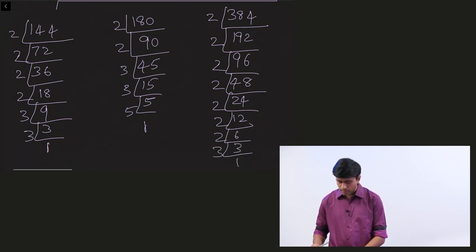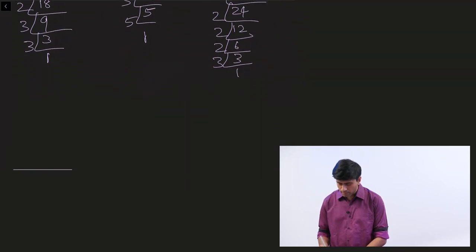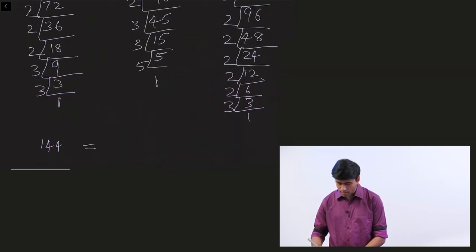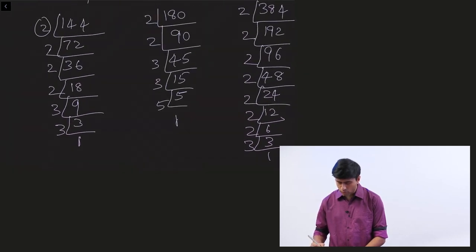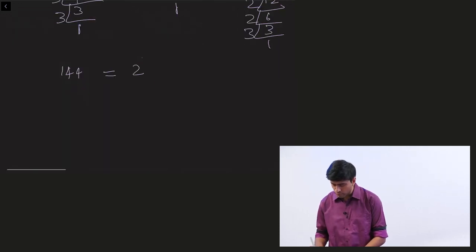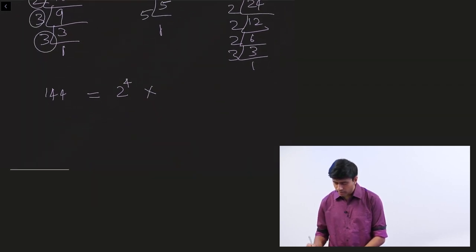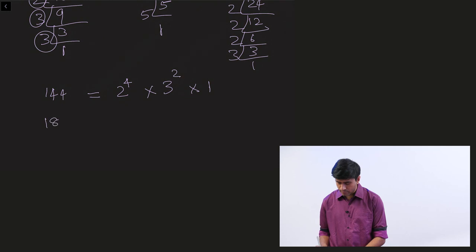There you go. Now I'm going to list down all the prime factors. 144 has how many 2's? 1 2 3 4 2's. So I write it as 2 to the power of 4. You remember the exponential form. And then it has 2 3's, 3 square or 3 to the power of 2. How about 180?